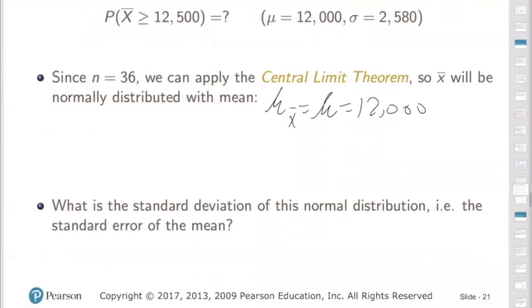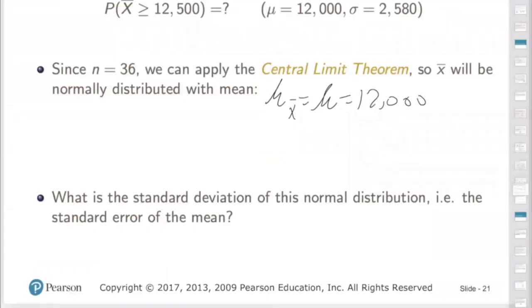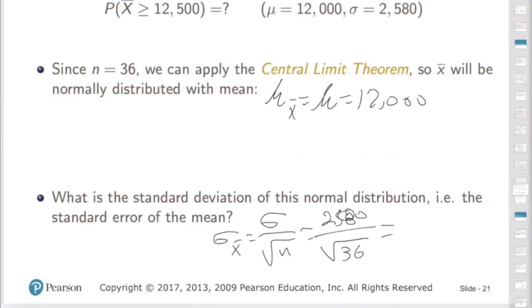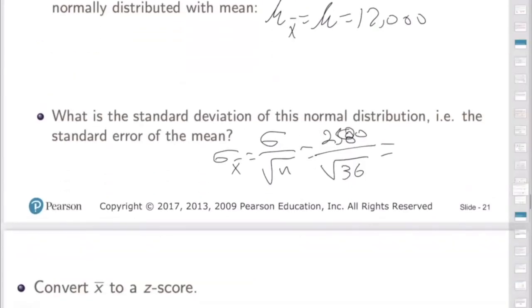And the standard deviation sigma x bar is equal to sigma divided by square root of n, so we have 580 divided by square root of 36. Use your calculator to find the standard deviation of x bar. So we have 430. This is the standard deviation of the sampling distribution of x bar.